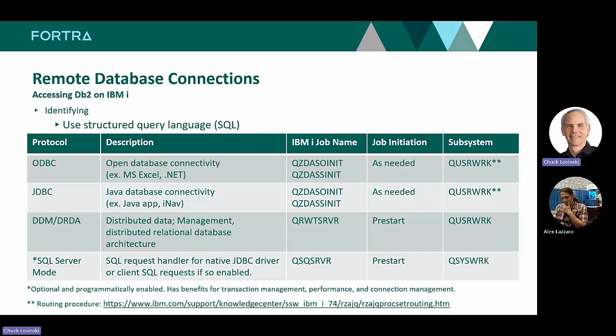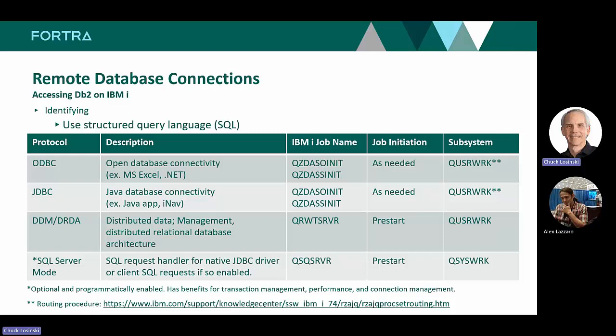There's some additional information at the bottom of the screen where you can find out how to route those and provide some more work management capability for those connections. And then, of course, we've got the DDM and DRDA database connections, and then internal SQL requests. You'll see those as a QSQSRVR type job.